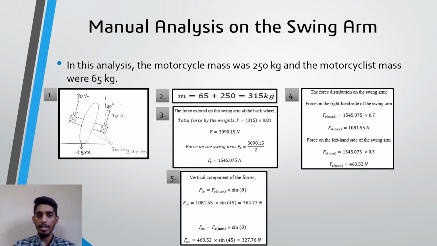So the force acts on the swing arm at that angle to the y-axis, which gives two components on the swing arm: a vertical component and a horizontal component. But for this case, we are only analyzing the vertical component. So in the fifth picture, we calculated the vertical component of the forces that act on the swing arm.